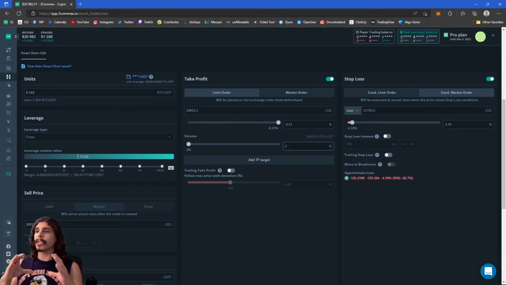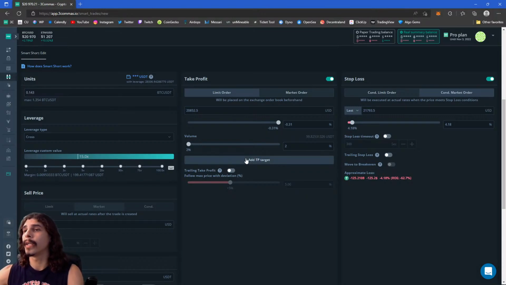The only reason I'm putting such a small amount of funds into the take profit targets is because I want the most of my bag to get to the bottom and take profits on a large portion of it. The only reason I'm using this is so that my stop loss is automatically adjusted, because I can go right here and move to break even, but I have to have multiple take profit targets for that. As each take profit target is achieved, it'll move to break even.